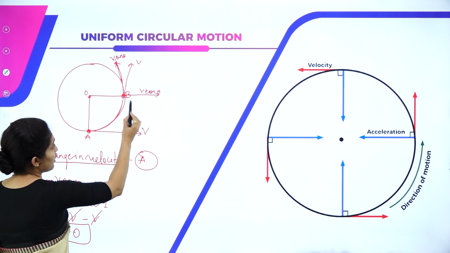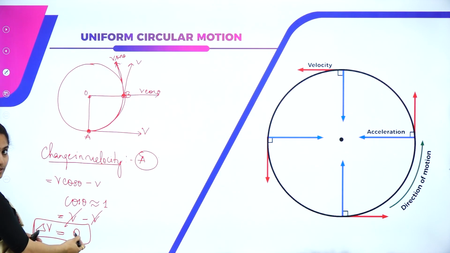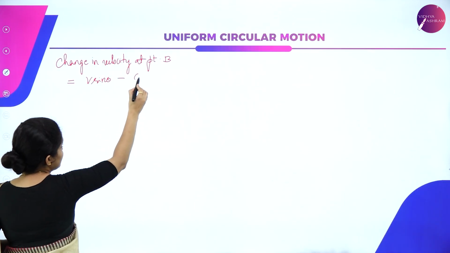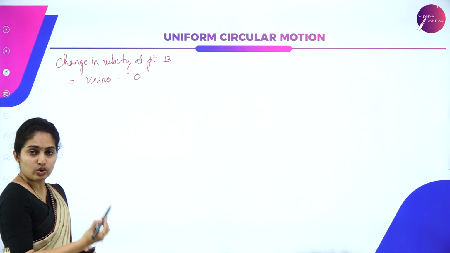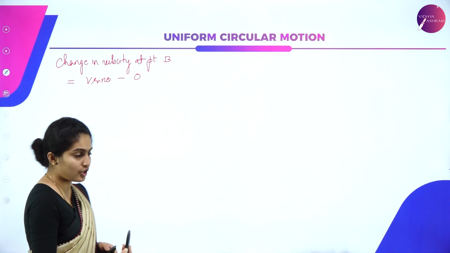The difference of these two velocities, where the 0 we got earlier stays as initial, gives V sin theta minus 0.